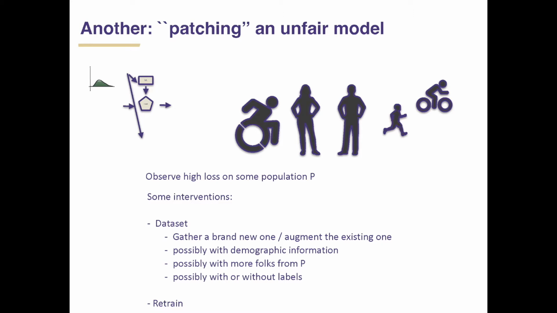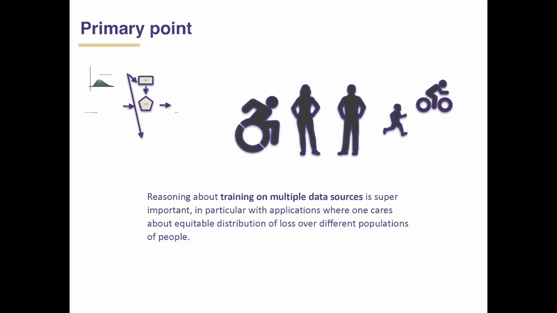Okay, so if you remember nothing else from this talk, the point that I want you to think about is that reasoning about training on multiple data sources is super important. And there are good ways to start to approach this problem. It's especially important if one cares about the equitable distribution of loss over multiple populations of people, right?